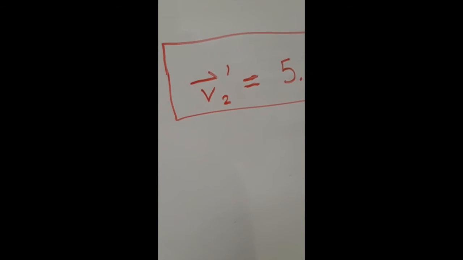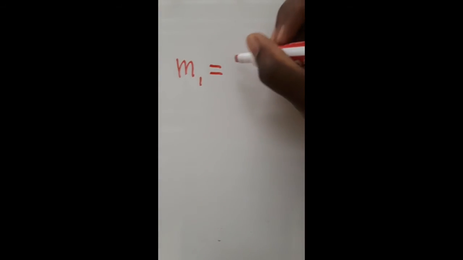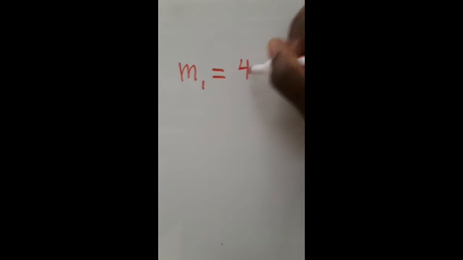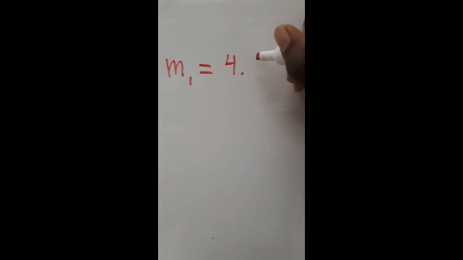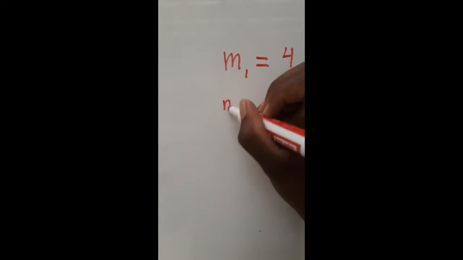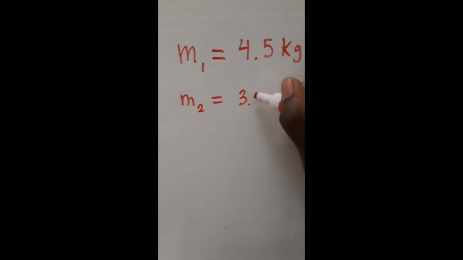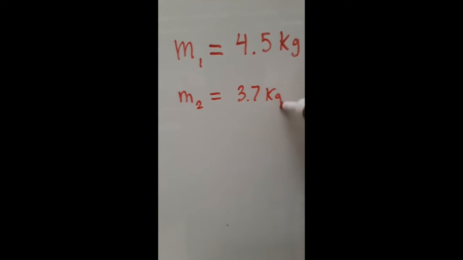Now that we have finished all equations, here's what we're left with. We have found our unknowns. We know that our first mass is 4.5 kilograms. The mass of the second object is 3.7 kilograms.